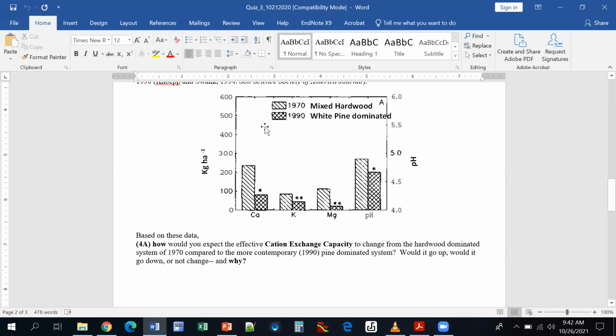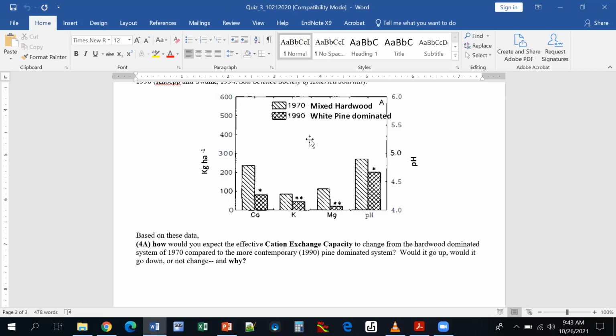Now, I just put this in here and I accepted a wide range of answers on this because, in fact, the cation exchange capacity could have not changed or it could have gone up in response to these management activities. So how could that be?